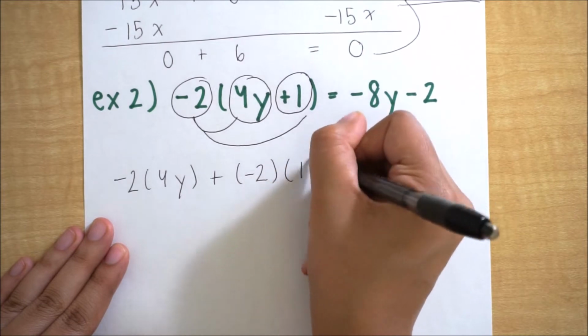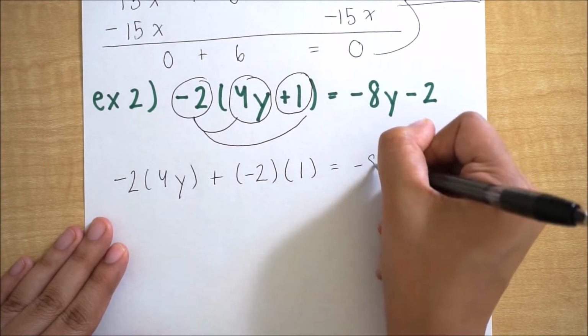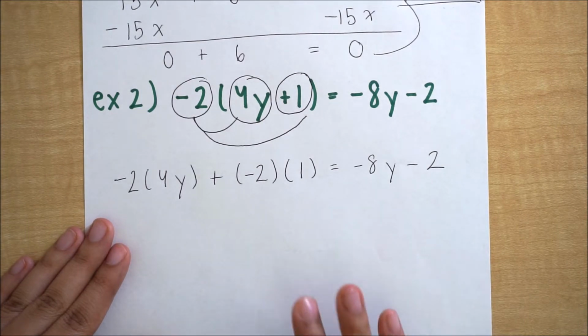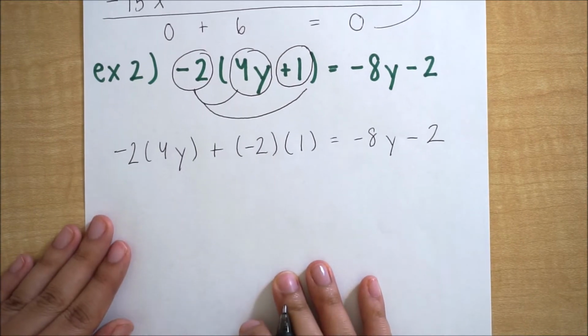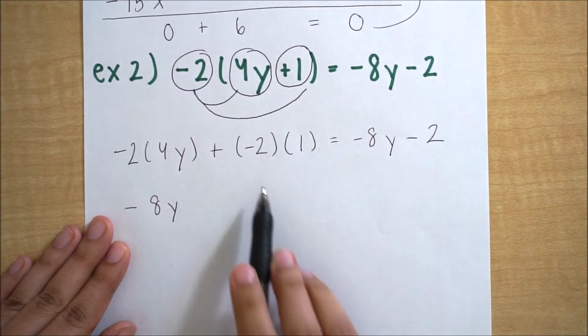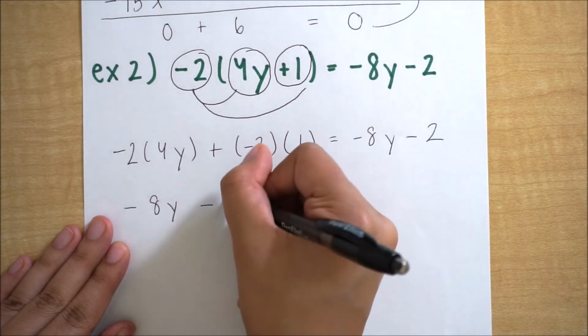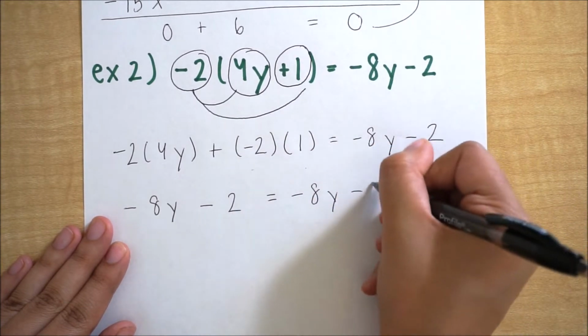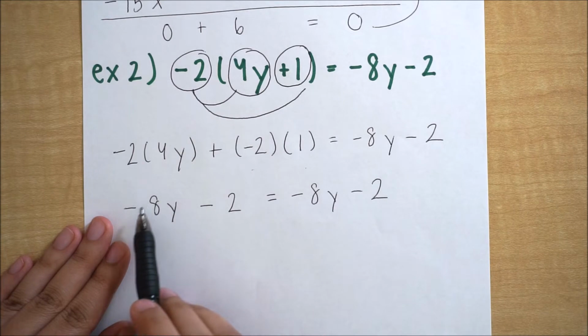And we're going to worry about the signs later, right? Then we're going to copy over -8y minus 2 on the right side. All right, so -2 times 4y is -8y. Then we have -2 times 1 is -2. And then that's equal to -8y minus 2.